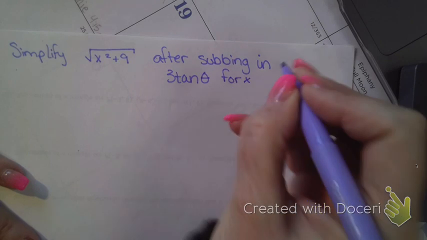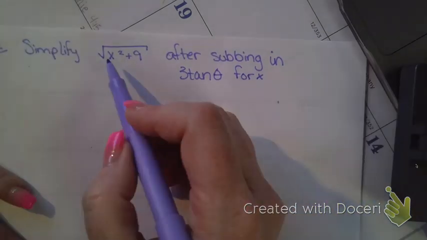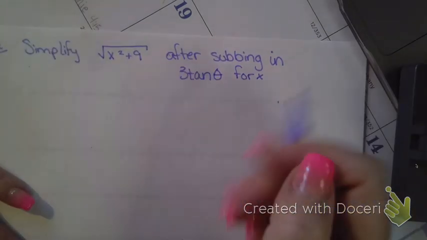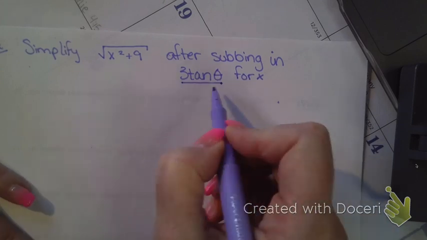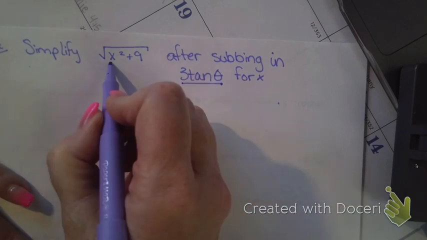It's a lot of words when all they had to say is simplify when x equals 3 tangent of theta, right? Because that means I put in what? 3 tangent of theta right there.